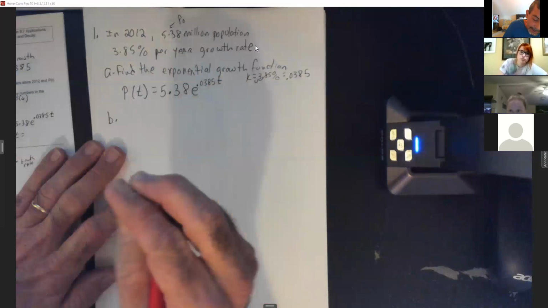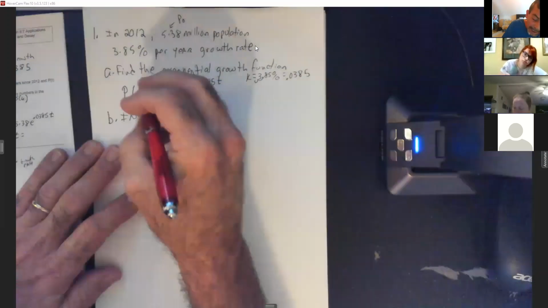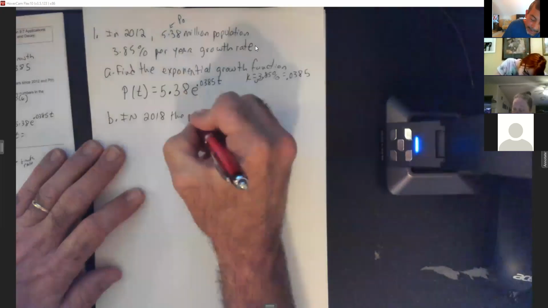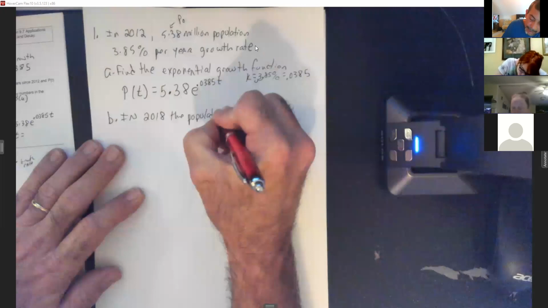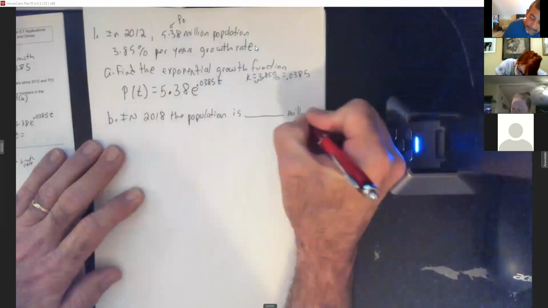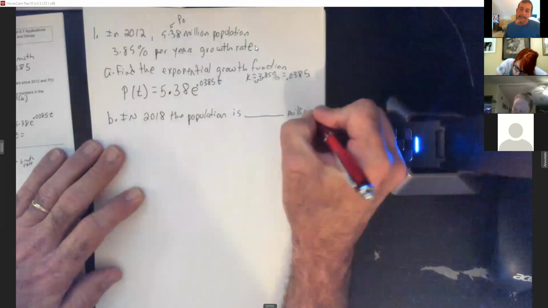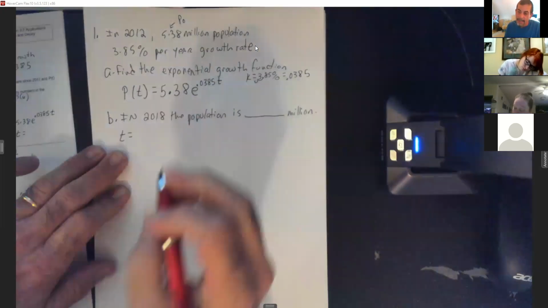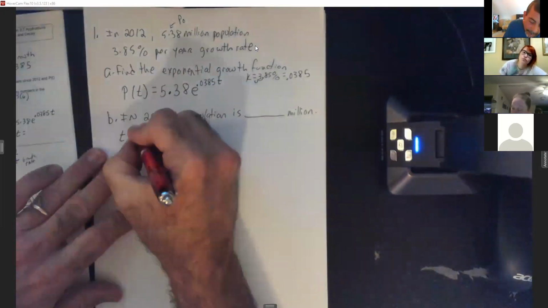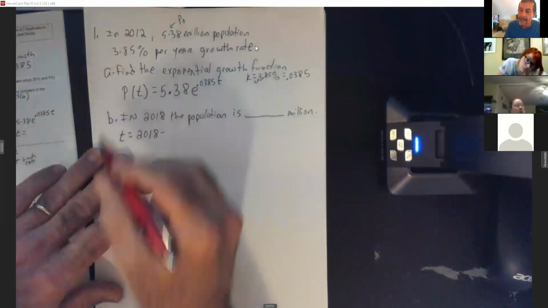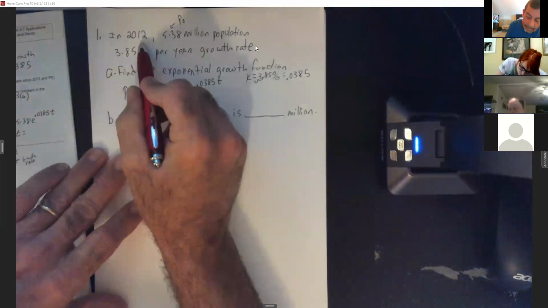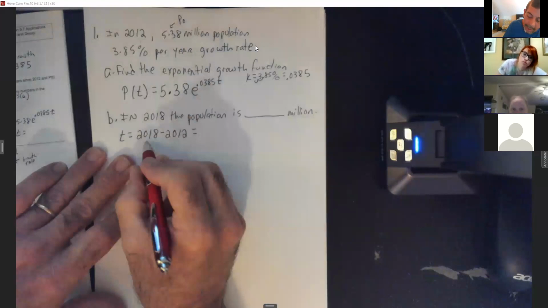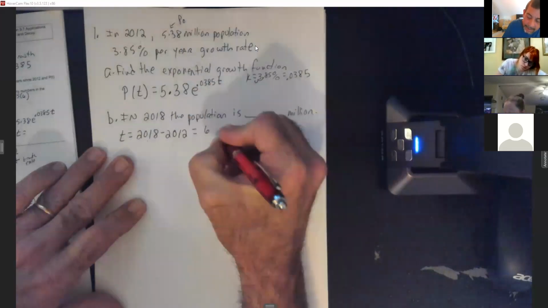Then it says, in 2018, the population is blank million. So what you got to do is figure out how much time it is. They're telling me 2018. I'm going to take the 2018 and subtract the starting year, which was 2012. 2018 minus 2012 means what? 6 years.